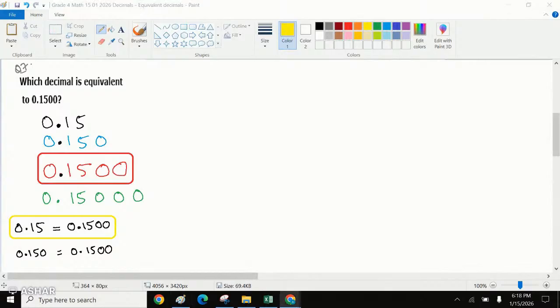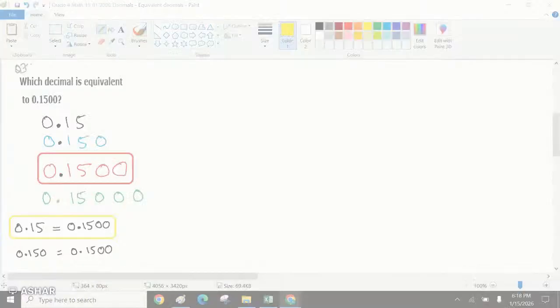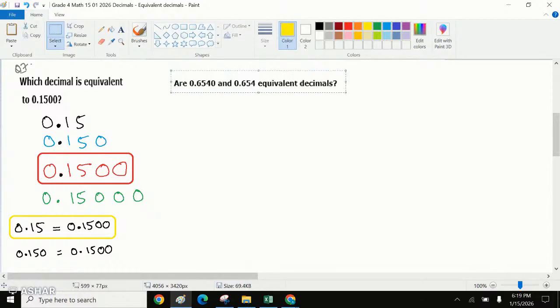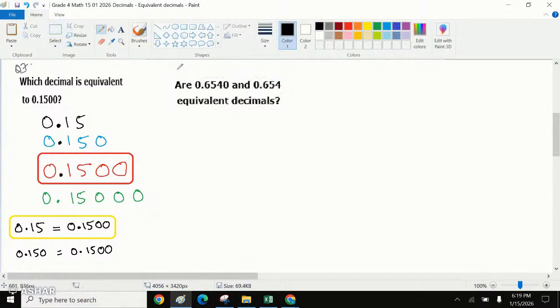The next question we have would have multiple numbers in it. What they are saying is, are these two numbers equivalent decimals? That is the question they're asking us. Are they equivalent? And how do we confirm any given pair of numbers is equivalent? We write them down.